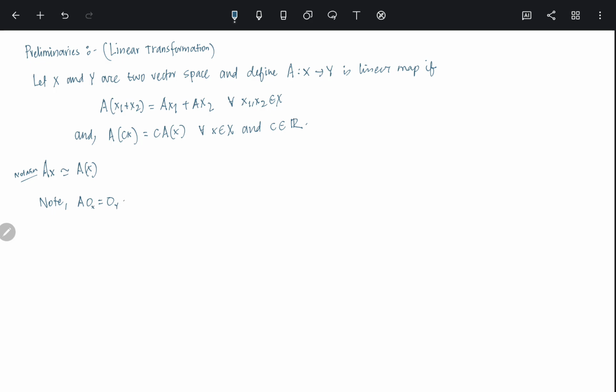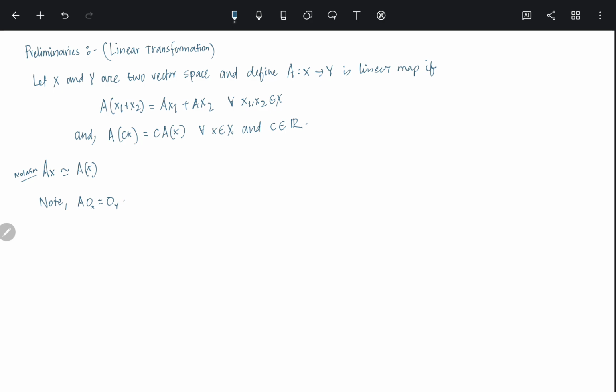Once that is clear, why are we interested in linear transformations? Because we are going to work with a lot of matrices, and a linear transformation is basically nothing but matrices.